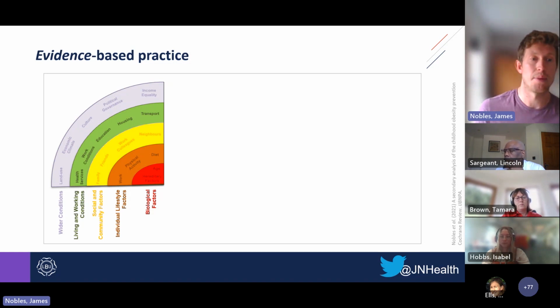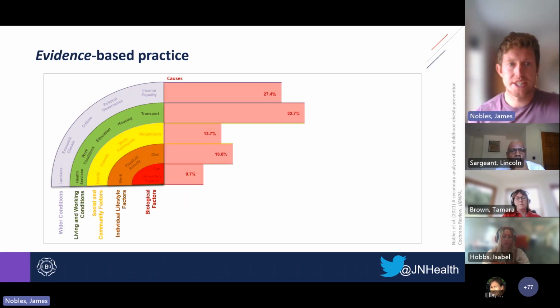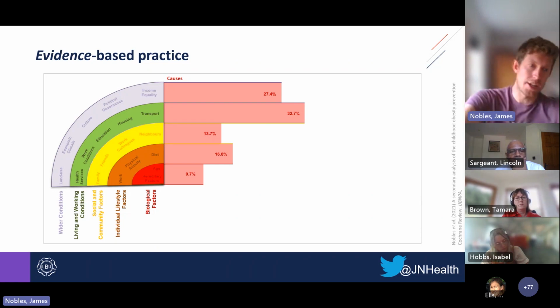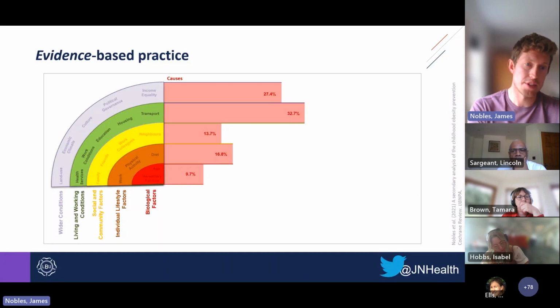We categorized them against the wider determinants of health. And what we found was about 60% of those causal factors lay within the living and working conditions and the wider conditions, as opposed to, say, being biological or individual lifestyle factors.